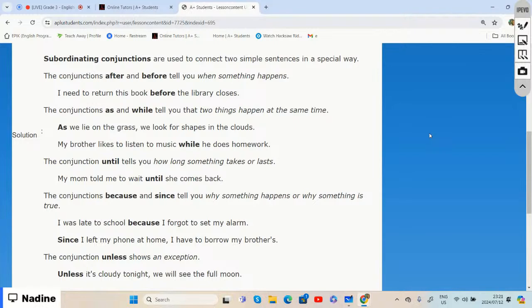For example, I need to return this book before the library closes.